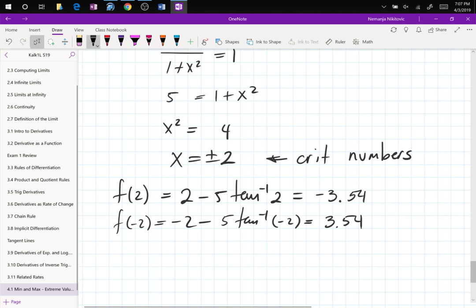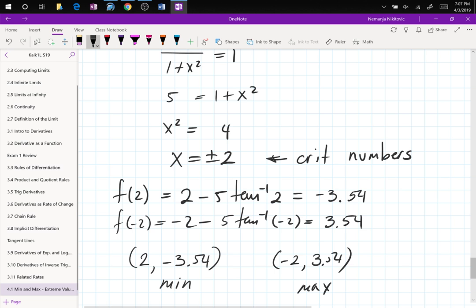So I have two values, and tangent inverse is continuous as well, no asymptotes, so the higher value is a max. We have 2, negative 3.54 as a min, and negative 2, 3.54 as a max.